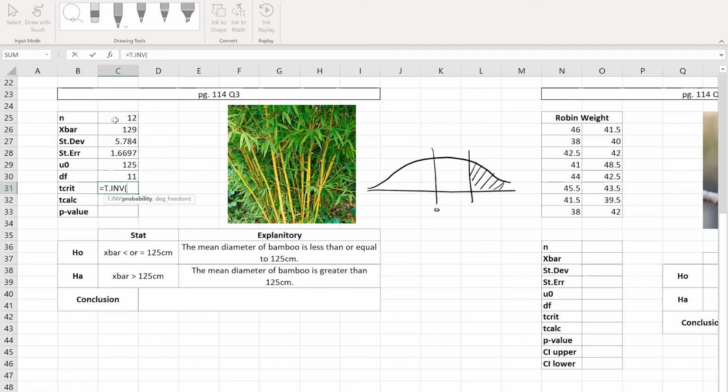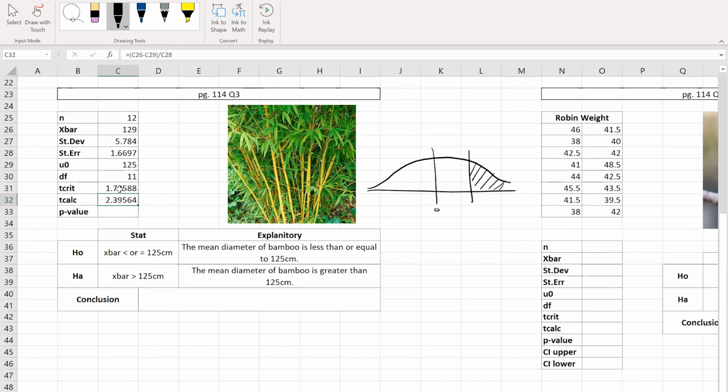This is right-tailed, so I'm going to use the 0.95 so that I get the positive critical value for an alpha of 0.05. Select our degrees of freedom. Calculate our t-calc, so our X bar minus the null mean divided by our standard error.